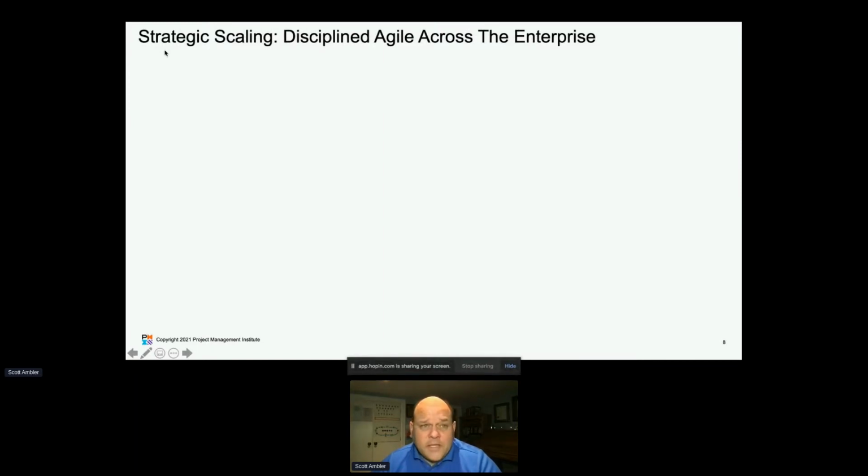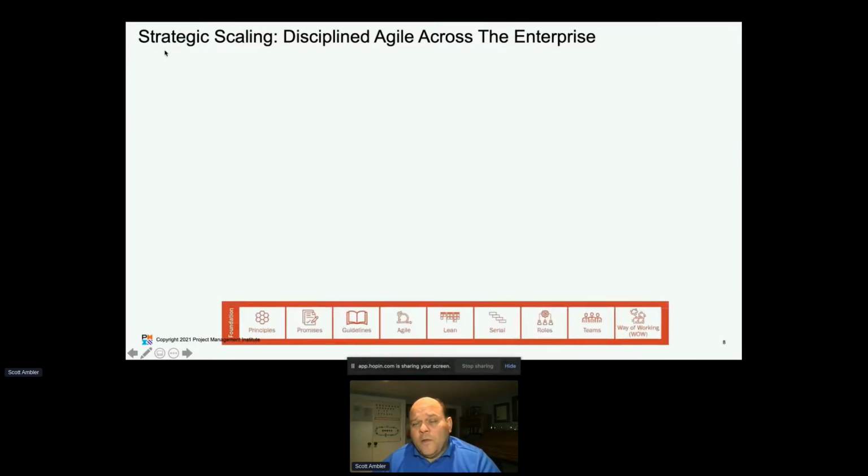And then when it comes to scaling strategically, we can apply Agile and Lean and other techniques across the organization. So we've architected the DA toolkit into 4 layers. First, a foundational layer of basic fundamental concepts. And what's interesting here is you can see in DA, we've adopted strategies from Agile, from Lean, and from the traditional serial world.